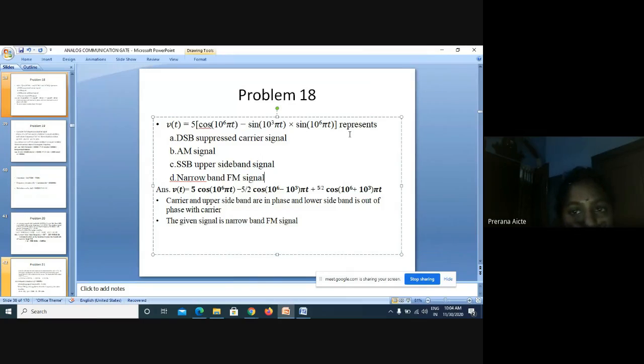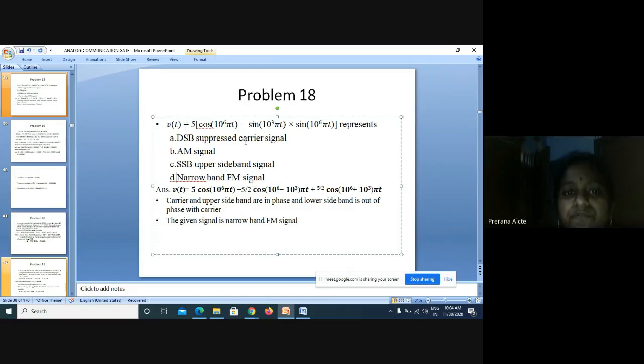We need to find what this expression represents. Whether the modulated signal is a DSB suppressed carrier signal, or an AM signal, or an SSB upper sideband signal, or whether this signal is a narrowband FM signal.